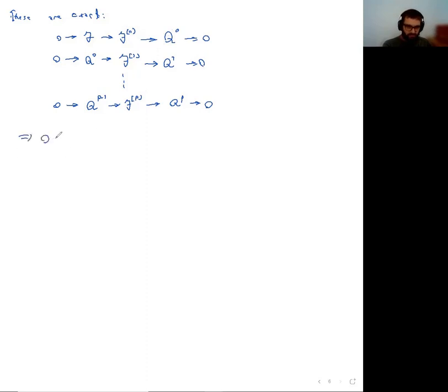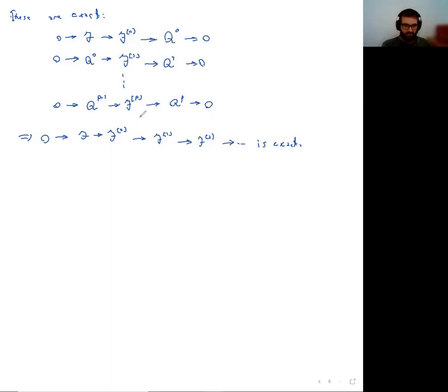But this means that now if you take this thing, this is exact. Okay, just think about it for a second. This map is injective because we already have it here, for instance, no? And the image of this map is precisely Q0. But we know this is also the kernel of the next map.